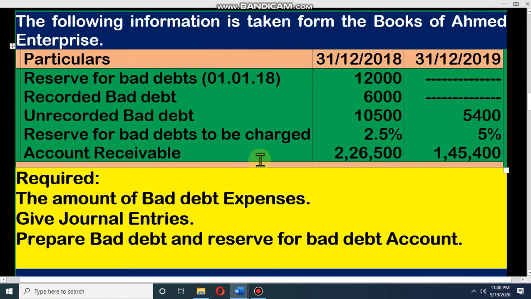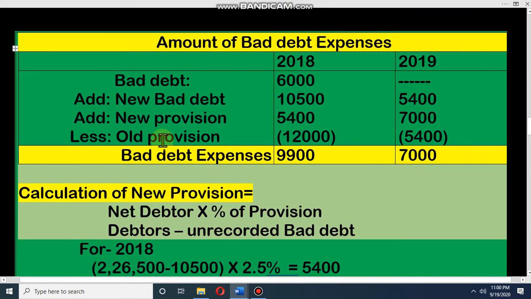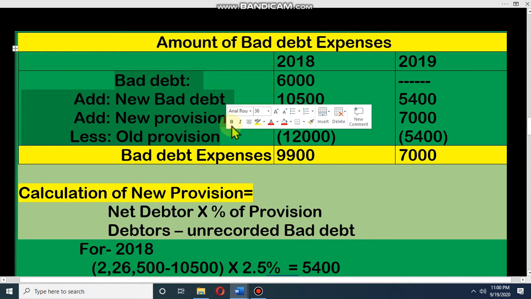Dear student, all of you know how we have to calculate bad debt expenses. You have to memorize the formula: bad debt plus new bad debt plus new provision minus old provision. That means these four elements are the formula for bad debt expenses. First write bad debt, that is, the recorded bad debt.